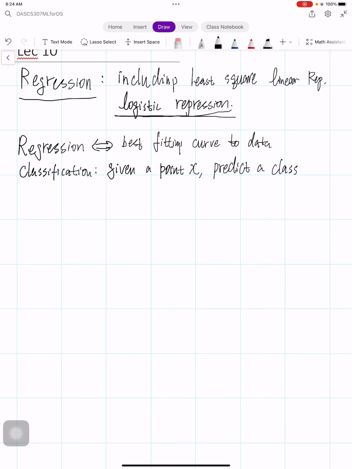A label, for example, you have the handwriting digits. You want to predict which number of the digit it is. You predict either the new patient has cancer or no cancer. So that's the classification. But the regression considers another set of problems.